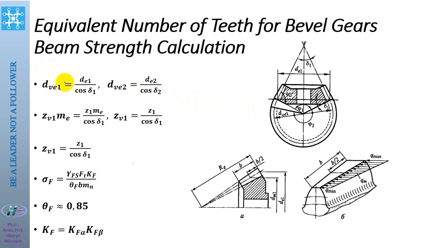The equivalent diameter of the bevel gears is calculated in these forms, dv1 equals de1 divided by cosine delta 1, and this is for the gear, this is for the pinion.